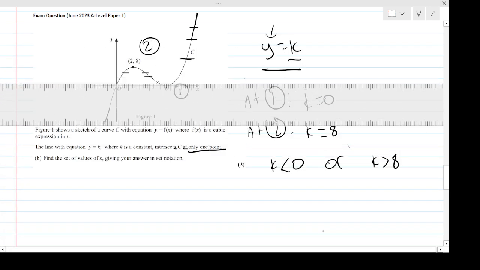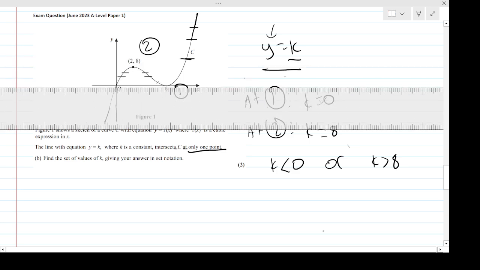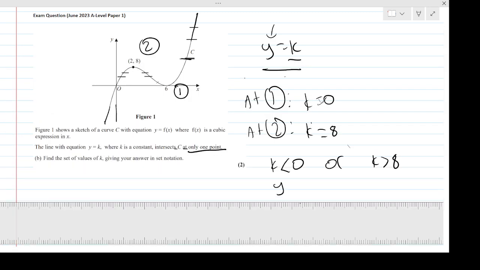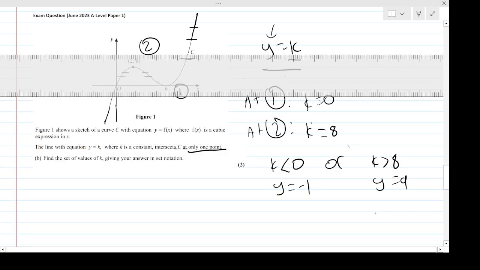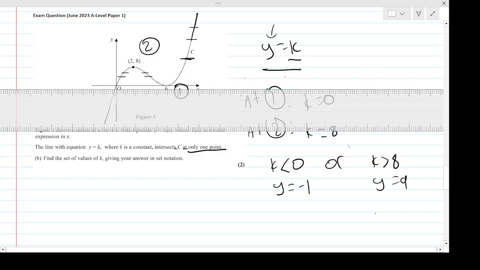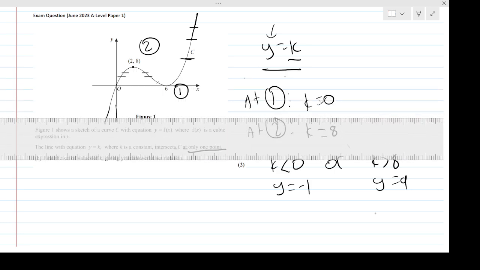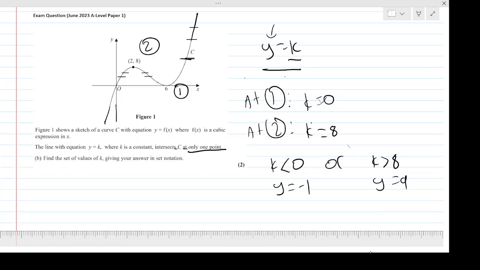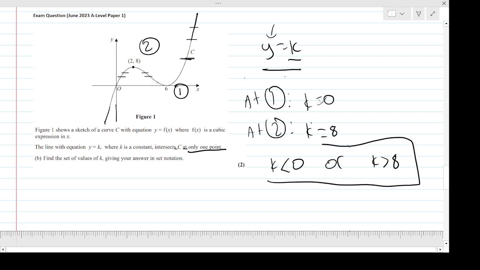That means that when we plot y is k, so when k is like -1, for instance, or when y is like 9, if we plotted those two lines, then it would only have one intersection with the curve. Okay, so that's our solution then. So those were the set or the range of values.